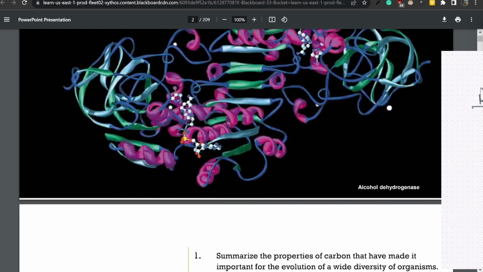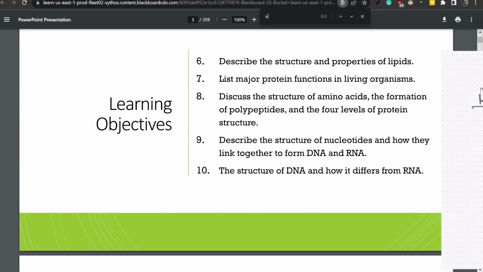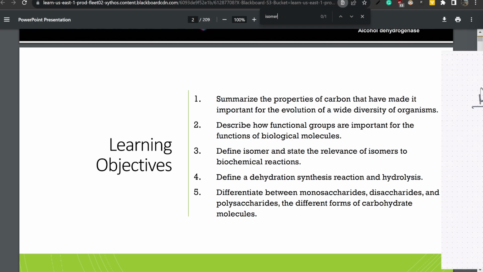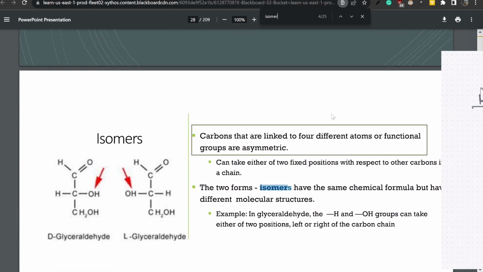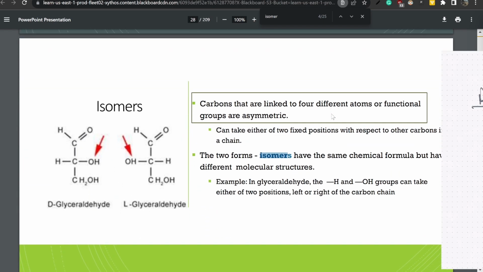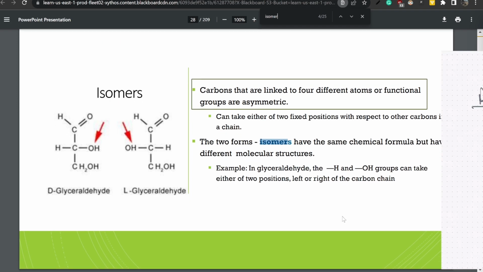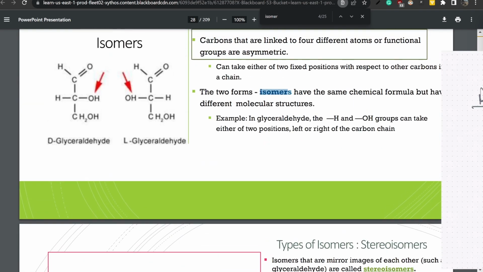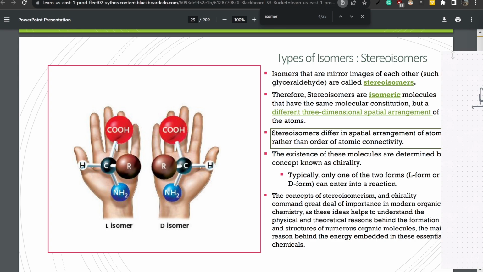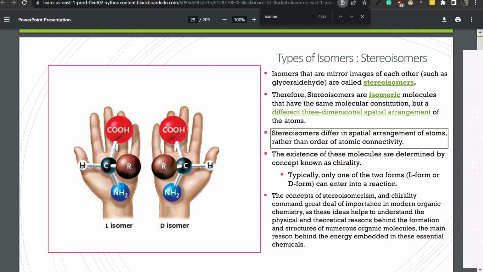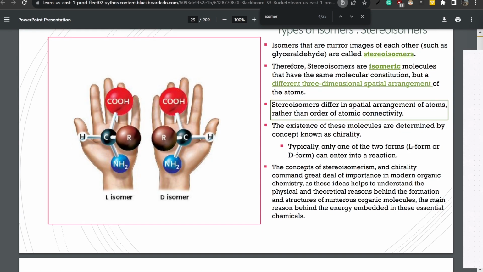I'm actually gonna go and look at isomers again, just because I'm curious, and I know that isomers was going to be relevant to the exam. I'm going to take a look at isomers right now. I'm thinking about chirality from OChem.